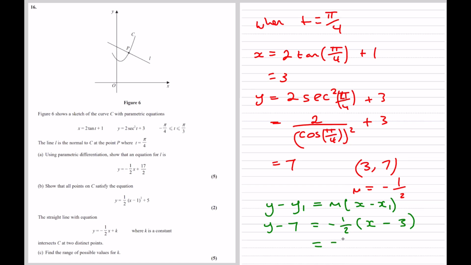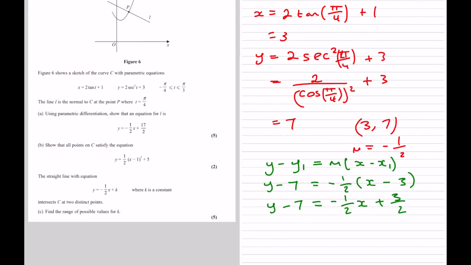Expand the brackets, so minus a half x plus 3 over 2. And add 7 to both sides. So y is minus a half x, 14 over 2 plus 3 over 2 is 17 over 2. And that is what we wanted for part A.